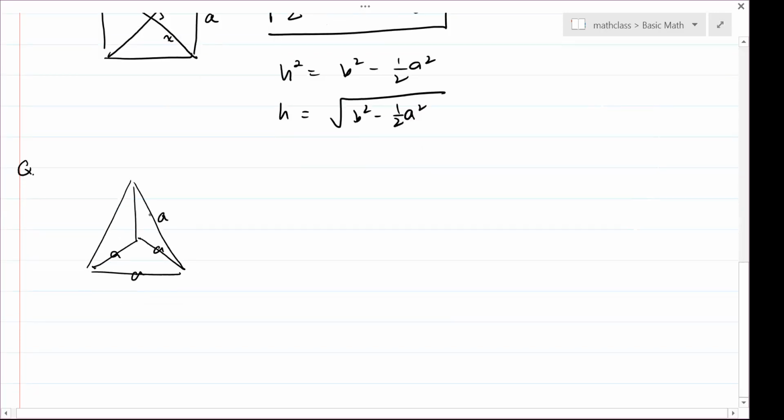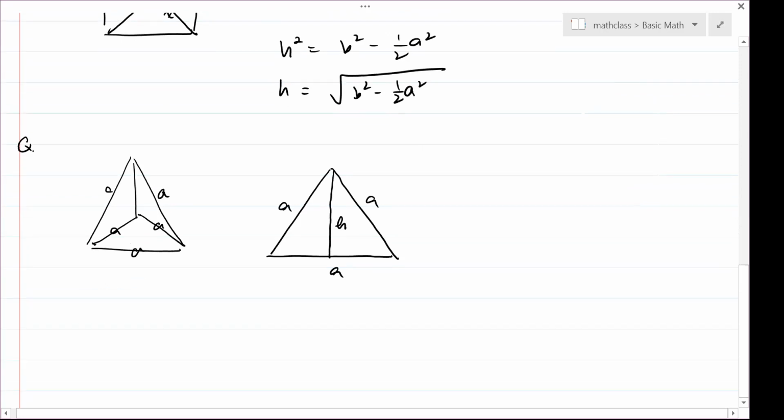If you have an equilateral triangle with height h, what is the relationship between A and h? This is just a two-dimensional geometry problem. In an equilateral triangle, there's a 60 degree angle here and a 30 degree angle here, a special triangle.